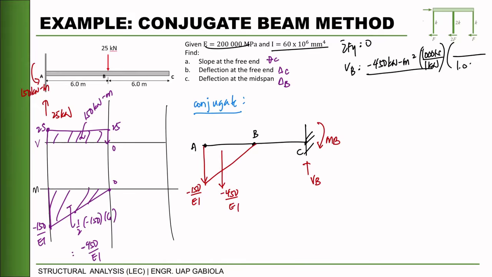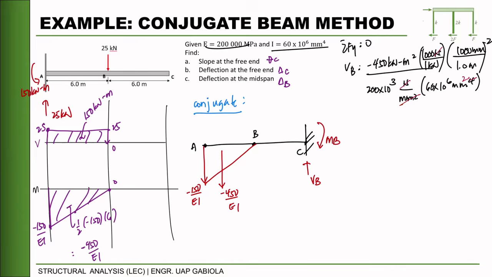Since this is squared, this should be squared also. Then over, we have 200,000 times 10 to the 3. Megapascal can be taken as Newton per mm squared. And then we have 60 times 10 to the 6 mm to the 4. So when performed, we cancel mm squared.